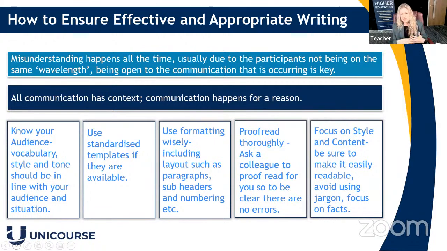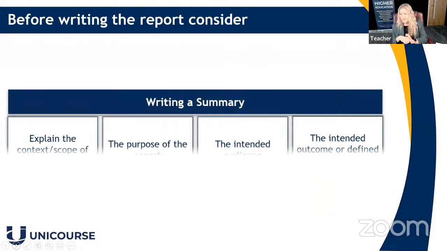So it should be easily readable by anybody. Avoid jargon, stick to key facts, and make sure that your information is valid and reliable as well. So they're just some key points.